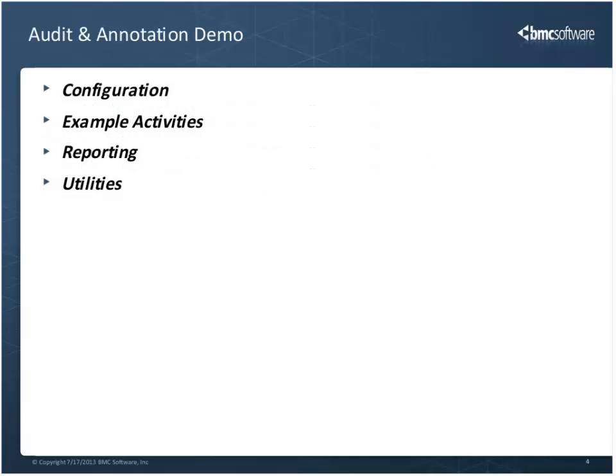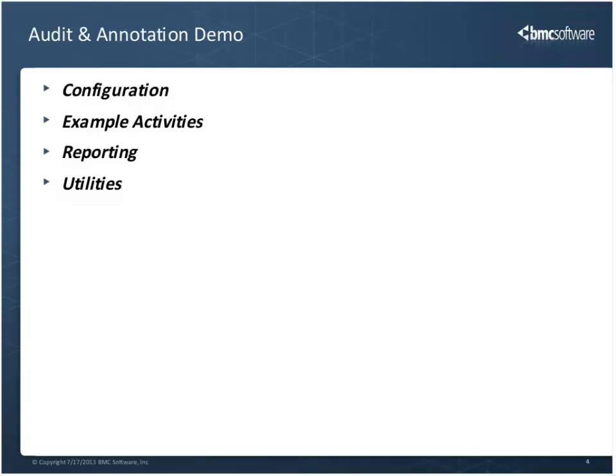Now we're almost heading over to the demo. For configuration, we will be doing a configuration of both the audit and annotation. I will show you how to turn it on through CCM.